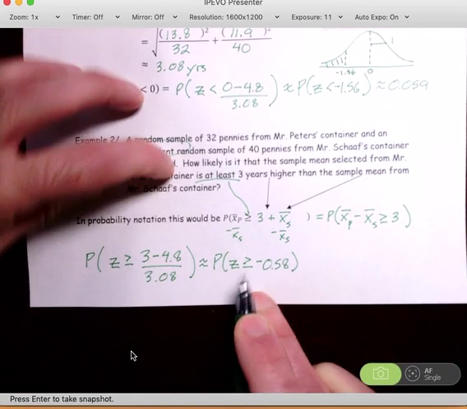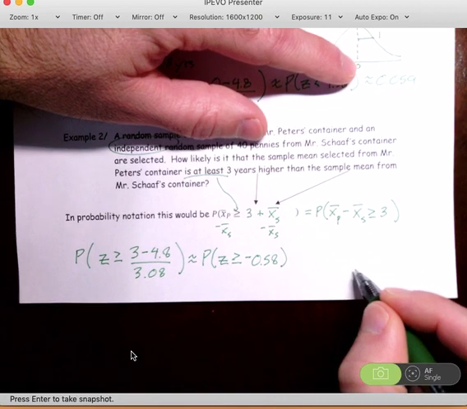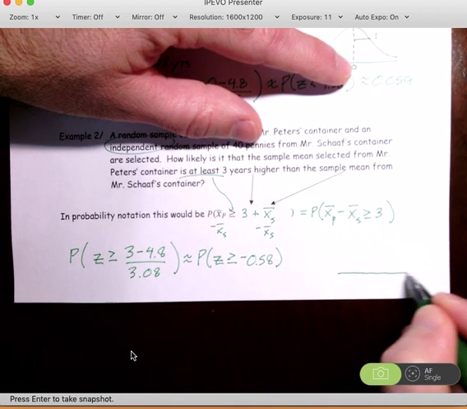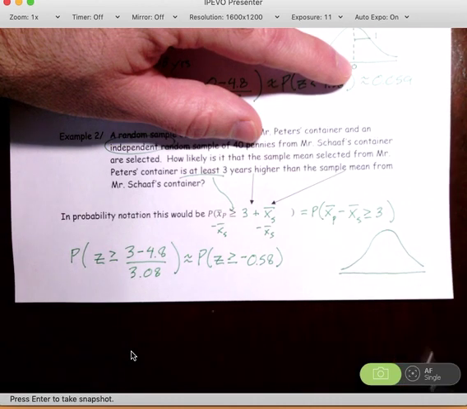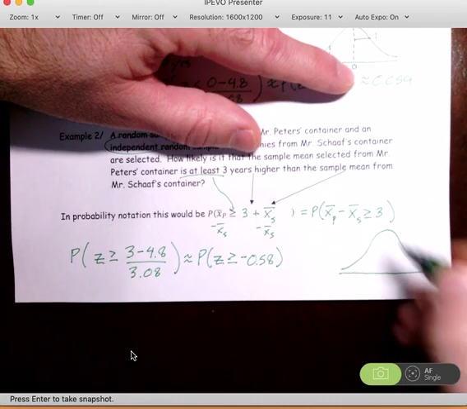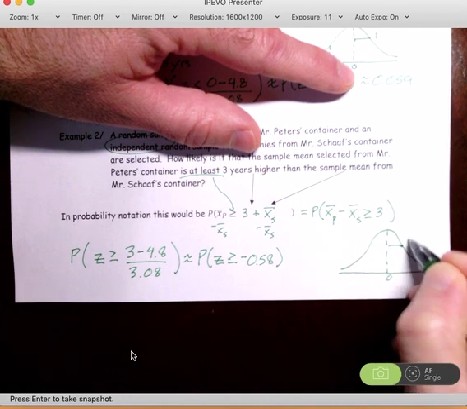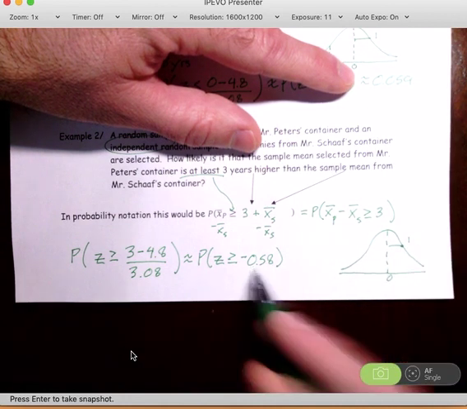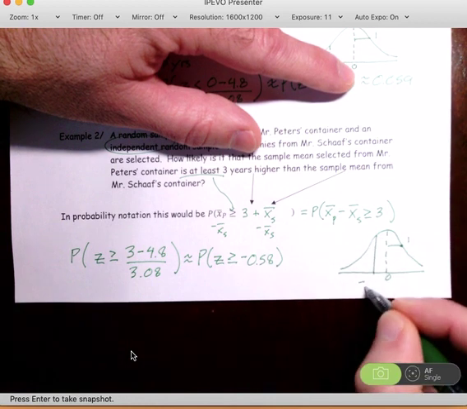So what's interesting about this question, I'll draw the picture over here before we actually put it into the normal CDF command. So be a little bit careful with what the lower and the upper boundaries are. We're working with z-scores, so the mean is 0. The standard deviation is 1. My boundary is at negative 0.58, so we'll put the boundary right here.